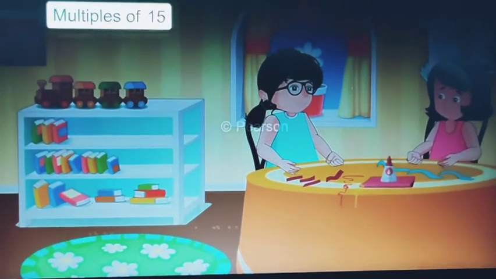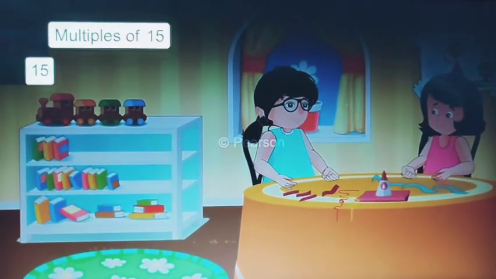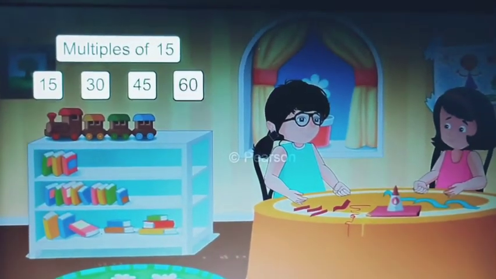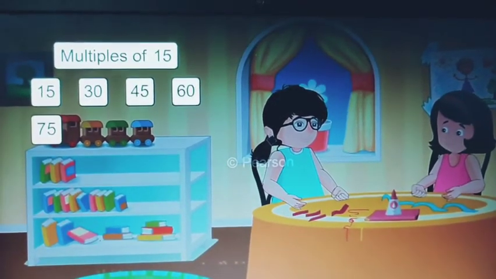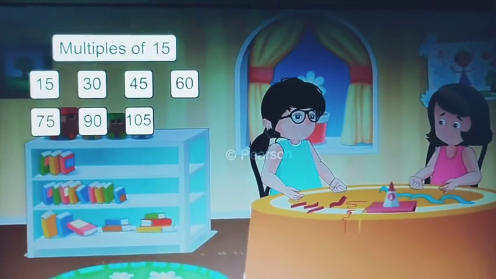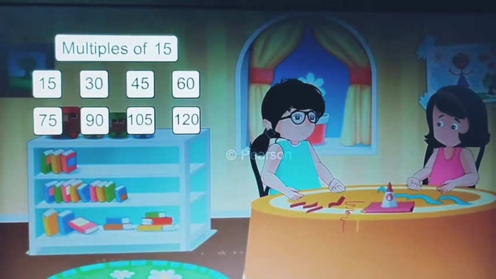The multiples of 15 are 15, 30, 45, 60, 75, 90, 105, 120.